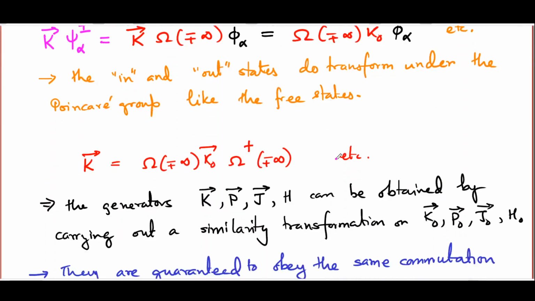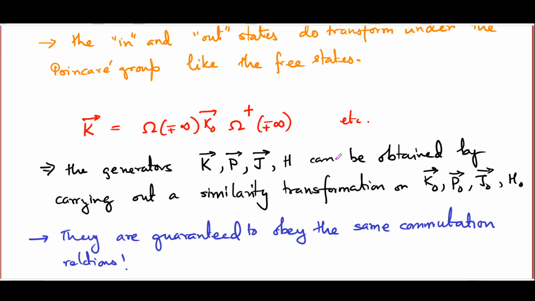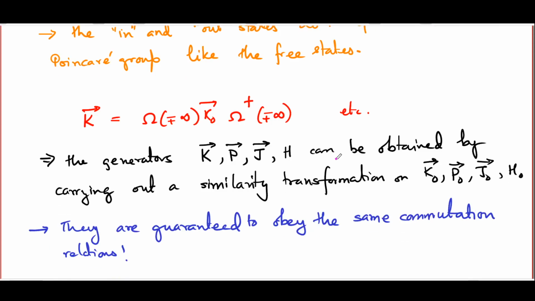And because of the similarity transformation, the commutation relations between K, P, J and H must be exactly the same as the commutation relations between K0, P0, J0 and H0. Hence, we don't really have to spend time proving that the other commutation relations are valid. Once we have established the fact that K, P, J, H act in the same manner on the in and out states as K0, P0, J0, H0 do on the free particle states, we are actually through.